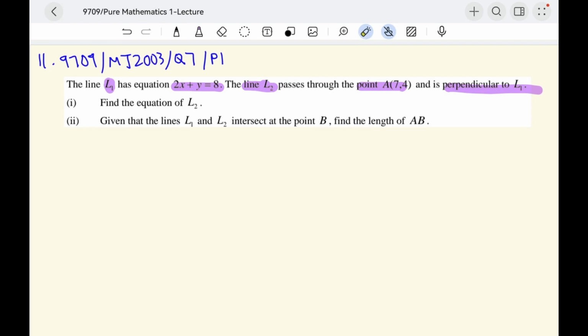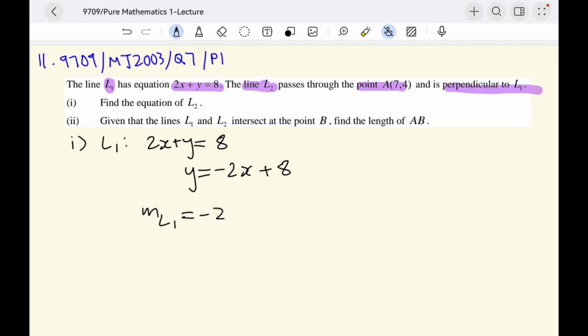Okay, for L1, I have 2x plus y equals 8. So I'm looking for the gradient. Apparently, the gradient of L1 is negative 2, which is a negative gradient.